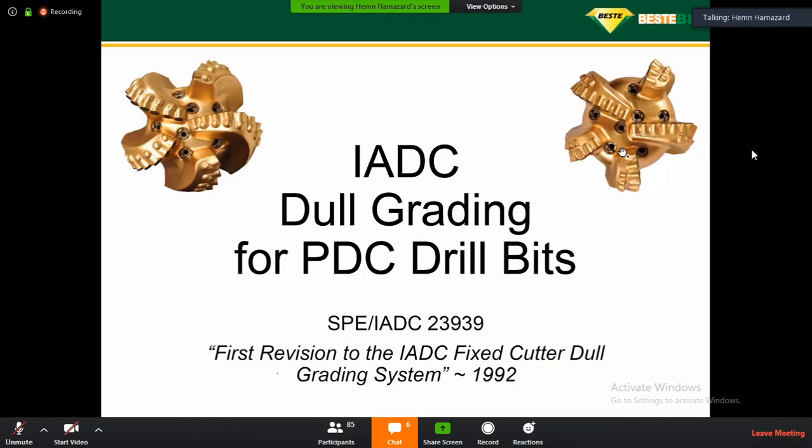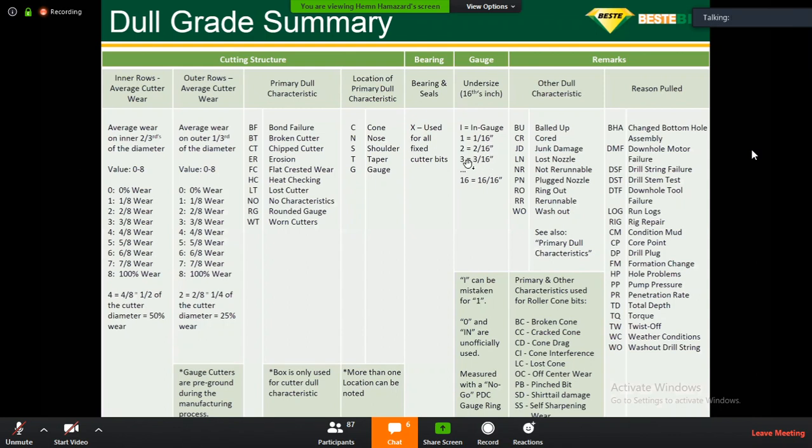That means instead of 12 1/4, it can be 12 1/8 or 12 1/16. So you have a ring, just like a normal ring. You put it on from the top side, on the bit, and then you can see if it's engaged or there is a gap when you put the ring around the bit. So you can know if your bit is still in gauge or under gauge, and then you can put any 1/16 inch that has been reduced from its diameter, or probably 2/16 has been reduced, and so on.